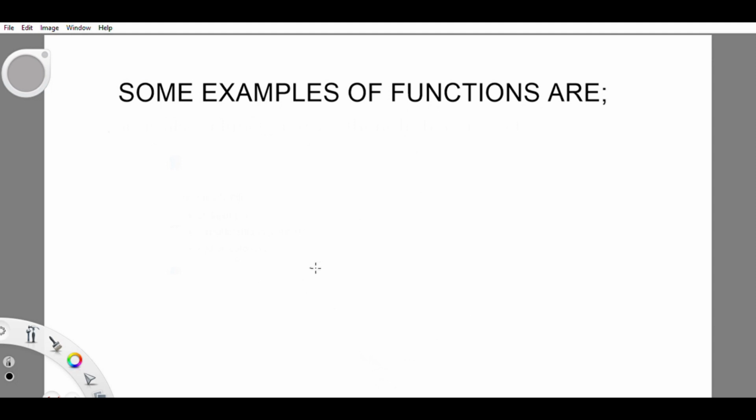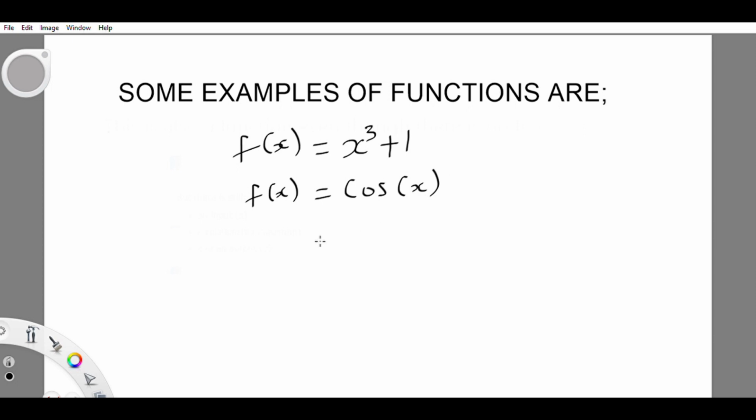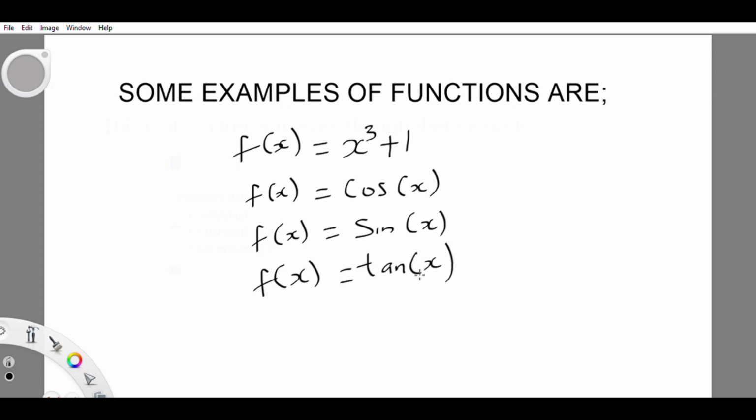Some examples of functions are f of x equal to, for example, x cubed plus 1. It can also be f of x equal to cos of x, or f of x equal to sine of x, and also f of x equal to tan of x. So these are some examples of a function.